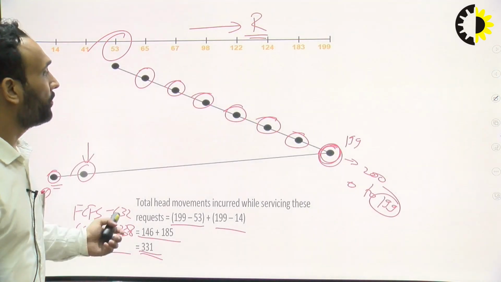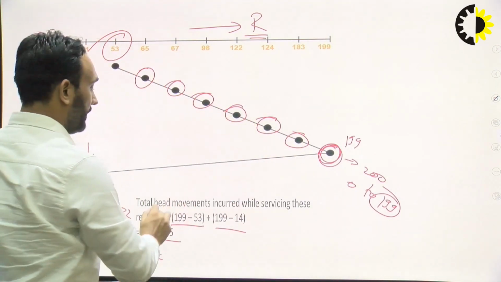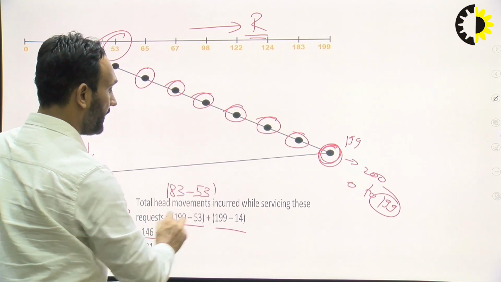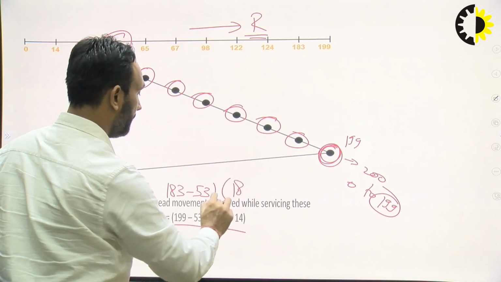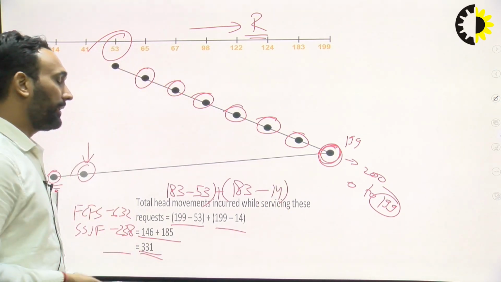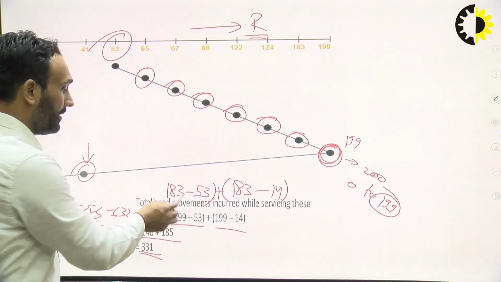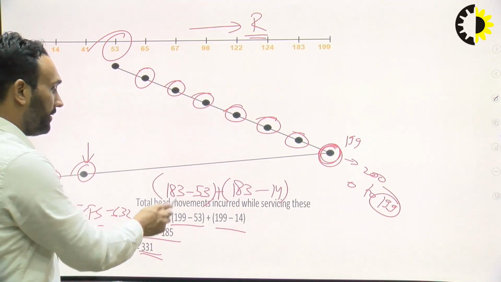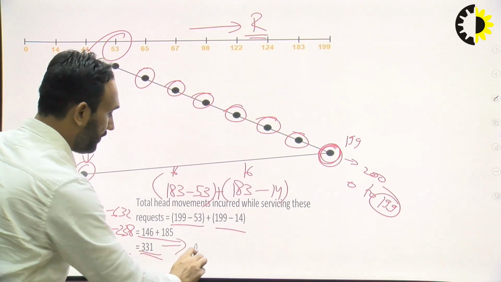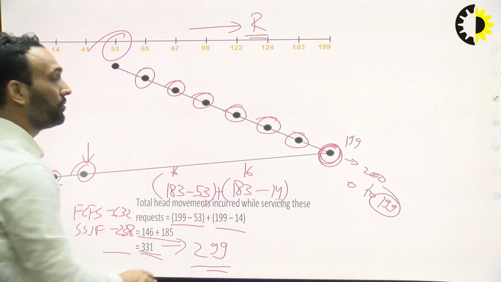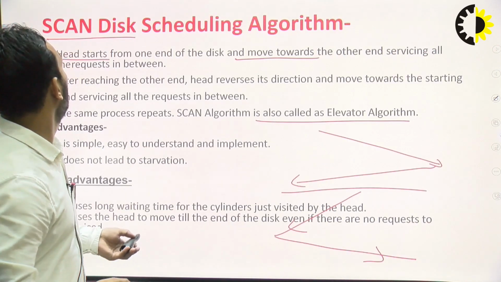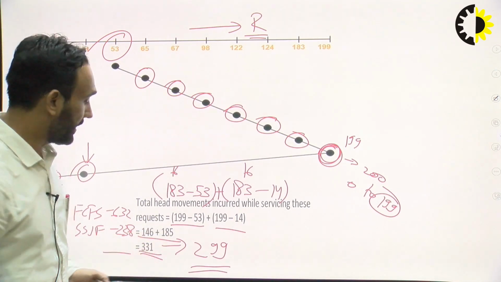If we take the same numerical, the subtraction will be 183 minus 53 and 183 minus 14. As we see, the difference will automatically decrease. How much will it decrease? Here there are 16 and 16, that is 32. It will be 299 if we use the C-SCAN method in place of the SCAN method.